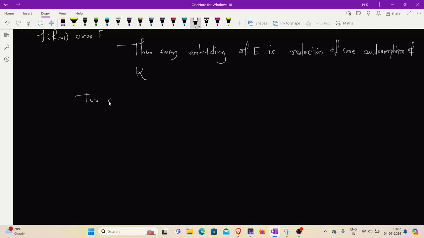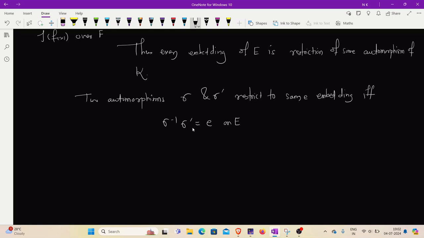So two automorphisms, sigma and sigma dash, restrict to the same embedding if and only if sigma inverse sigma dash is the identity map on E. That means sigma inverse sigma dash fixes E. So definitely that means sigma of E equals E. Okay, so basically all the elements that fix E are in H, because E is the fixed field of H. So this implies sigma inverse sigma dash belongs to H. So that means sigma dash belongs to sigma H.